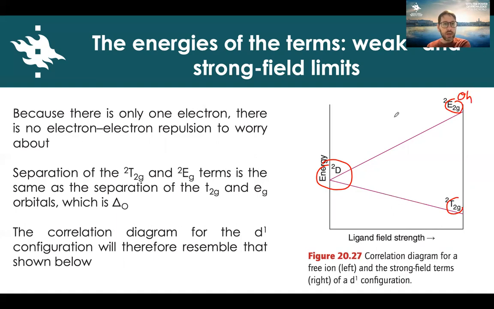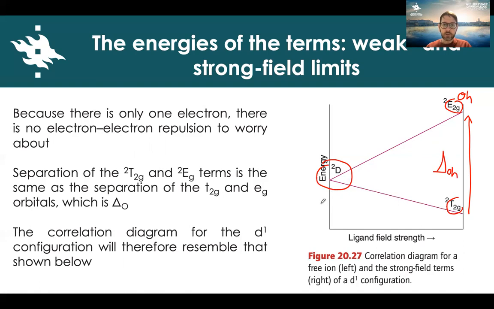So there is no electron-electron repulsion to worry about. And the separation between these terms here is the same as the separation of energy between the orbitals, which is dictated by the ligand field splitting parameter.